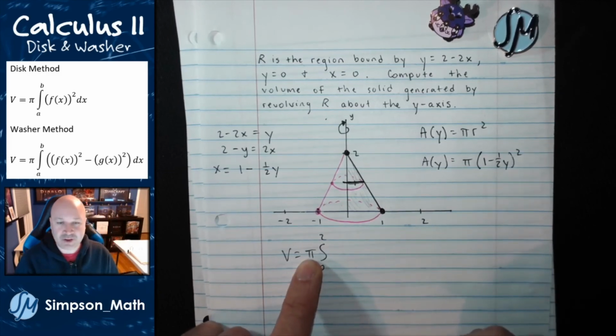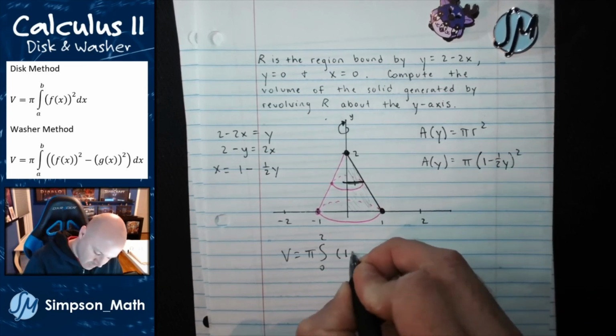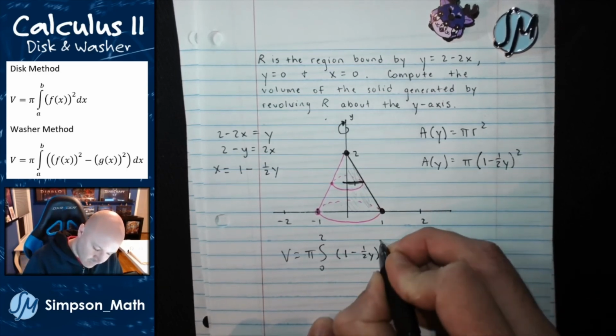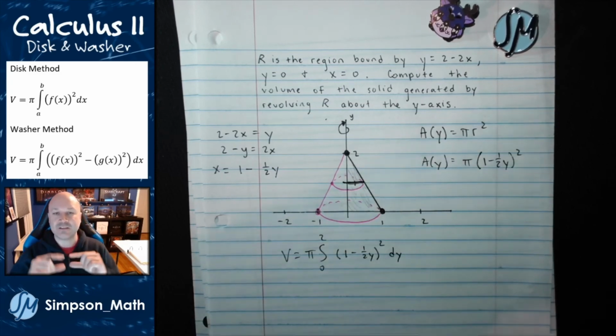Pi, which comes out of the integration process, times r squared. And this is with respect to y because my cross sections are perpendicular to the y-axis. I'm stacking these coins instead of lining them up.